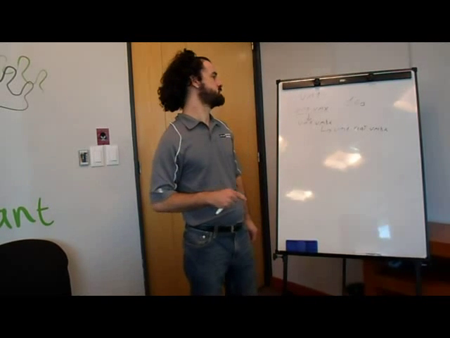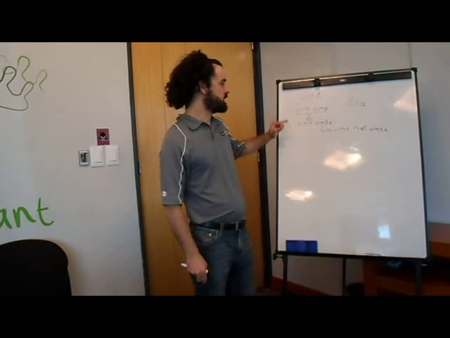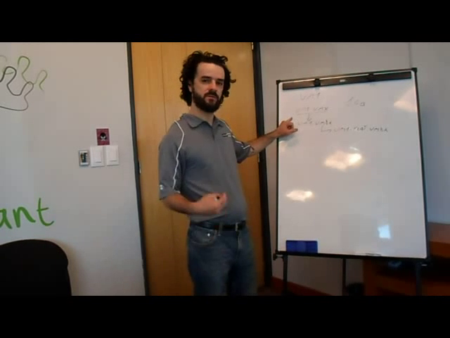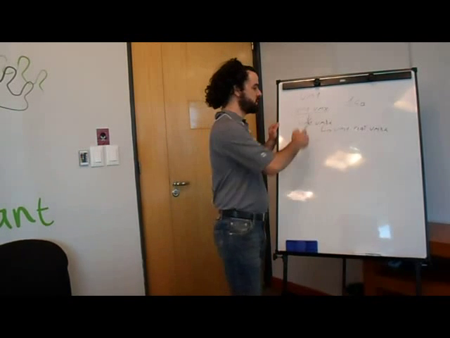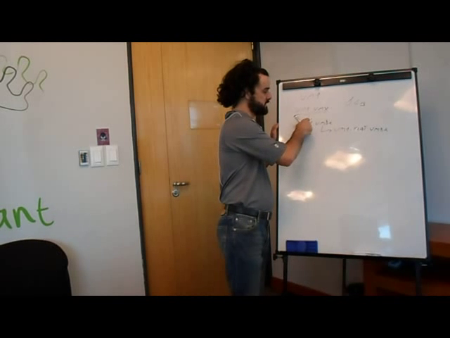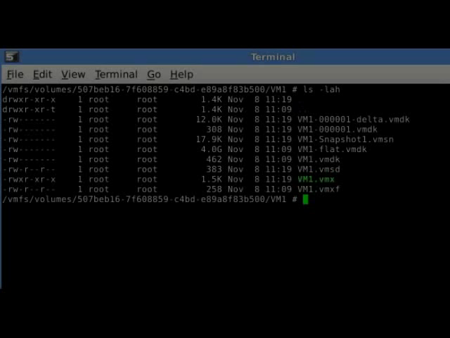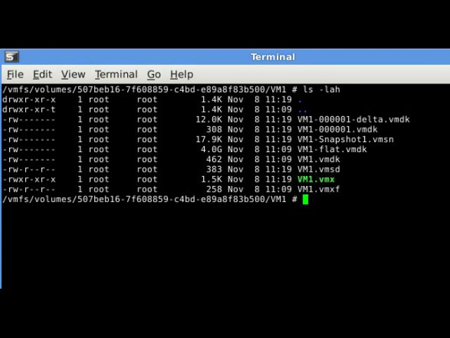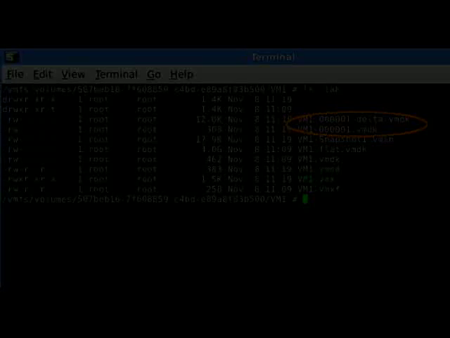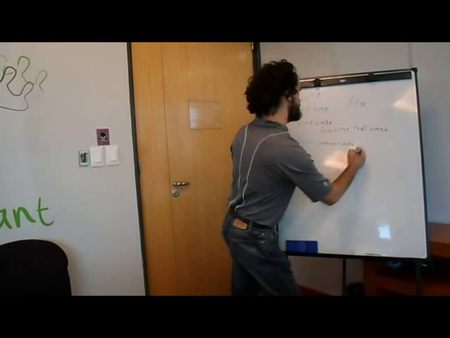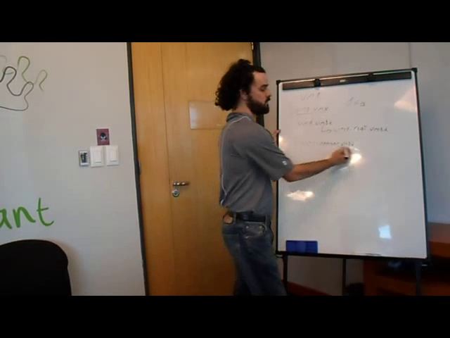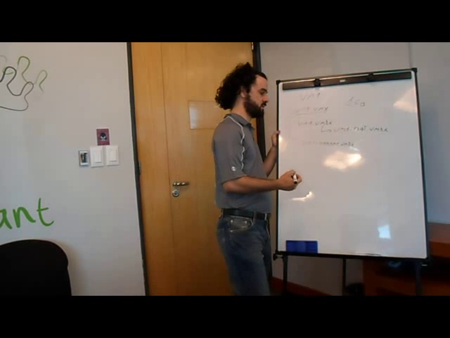When you take a snapshot, what happens? The VMX file, the virtual machine configuration file, is not pointed to the VMDK anymore, so it points to a file named VM1-00001.vmdk. This file we call the snapshot.